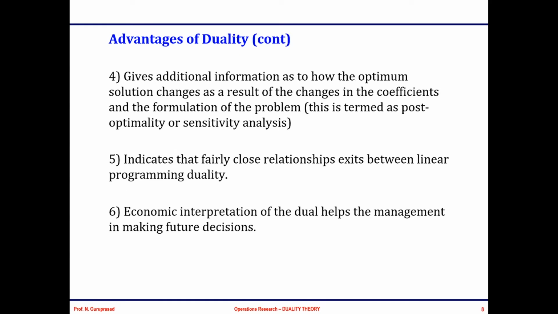Fourth, it gives additional information as to how the optimum solution changes as a result of changes in the coefficients and the formulation of the problem. Particularly, it is termed post-optimality or sensitivity analysis.